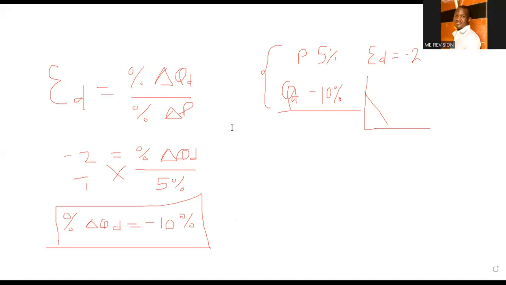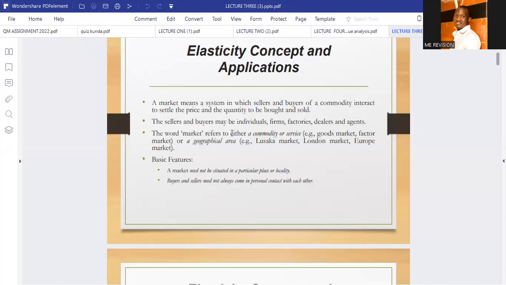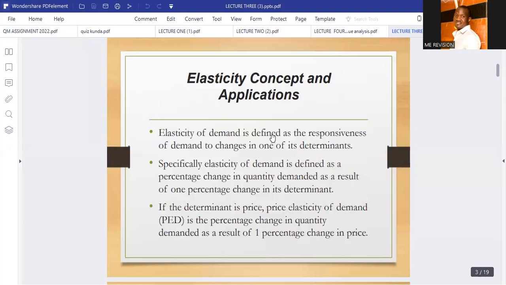Having found elasticity of demand as I have done, you also need to understand the factors that affect the elasticity of demand. Elasticity of demand is the responsiveness of demand due to changes in one of the determinants of demand. There are several factors that affect demand.